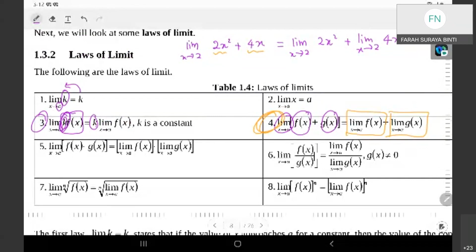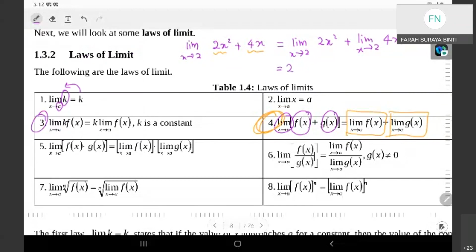So, and then how do we solve this question? For the first limit, we can apply law number 3. Law number 3, because we have a number in front of the variable. So, we can bring number 2 in front of the limit.